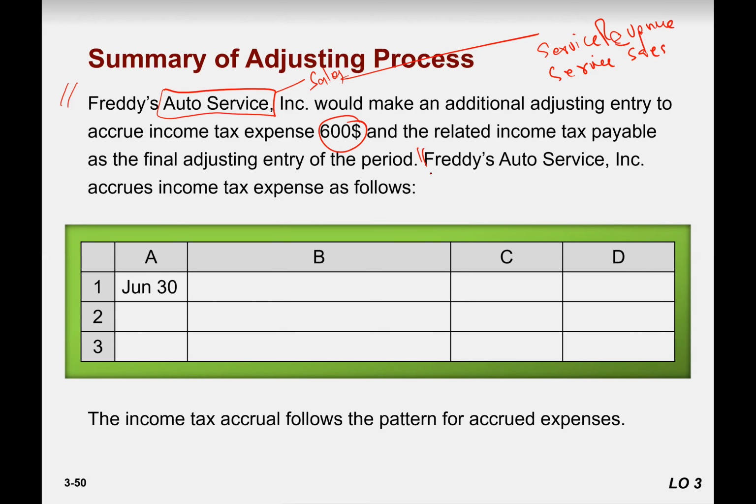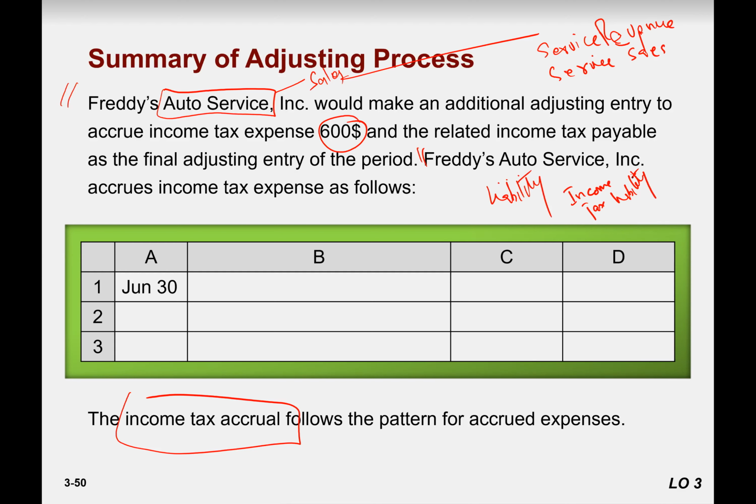So if income tax occurred but not paid, what would be our entry? Now think about that. Income tax occurred but not paid. When something is not paid, we create a liability, right? It means we will create income tax liability.